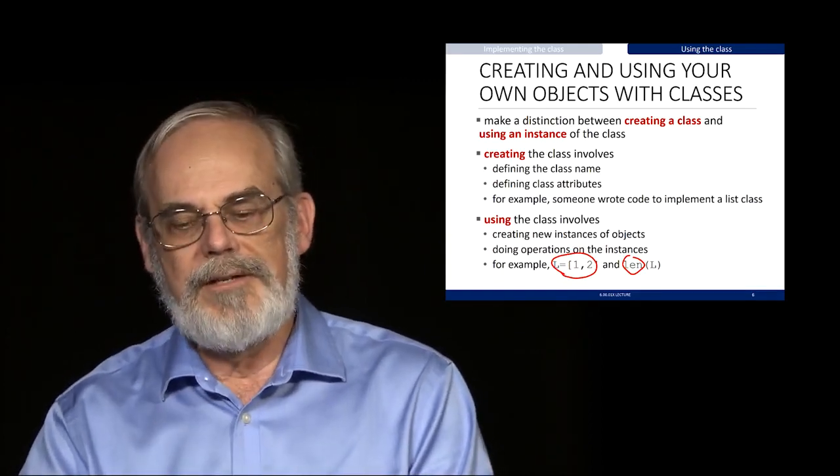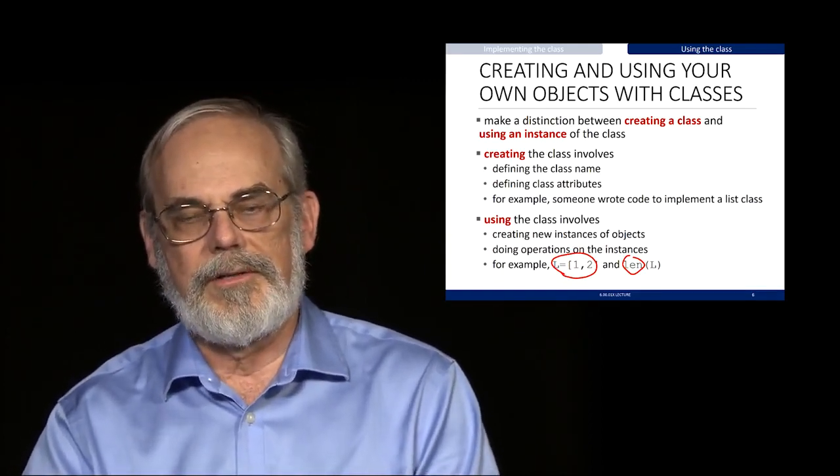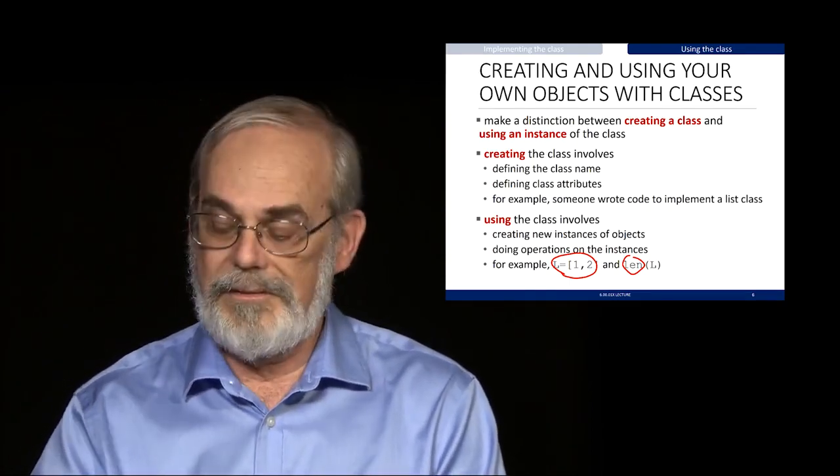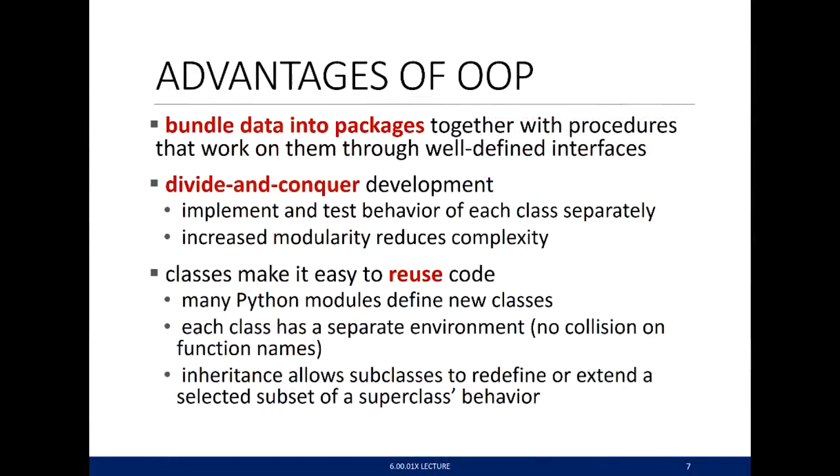I'm going to take those same ideas now and try and make them more concrete in terms of how do we define a class and how do we actually use instances of the class. But before I do it, let's talk about why. What I'm trying to do is now bundle together data into packages. That bundling includes linking together different pieces of data that are associated in one place, but it's also associating with it the methods that are going to manipulate that data object.